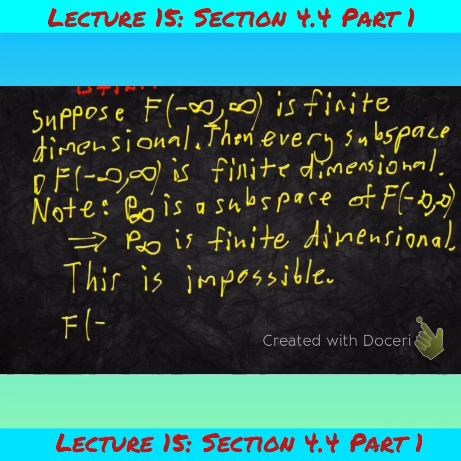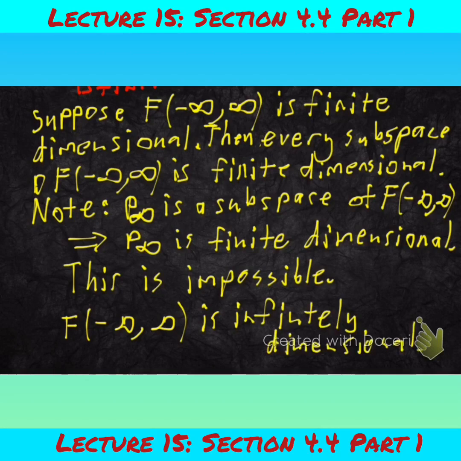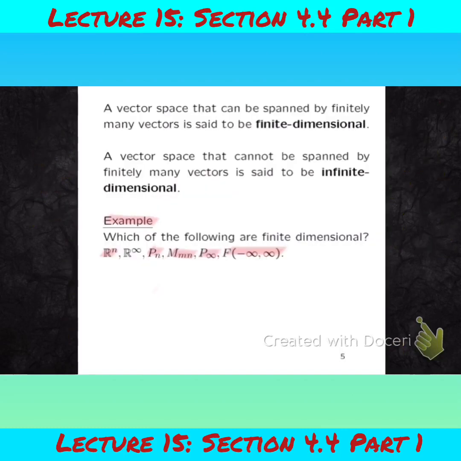So F(-infinity, +infinity) is infinitely dimensional. Don't think about that one. That's an exercise. Can I span R infinity with a finite number of vectors? Go and think of whether that's finite dimensional or infinitely dimensional.